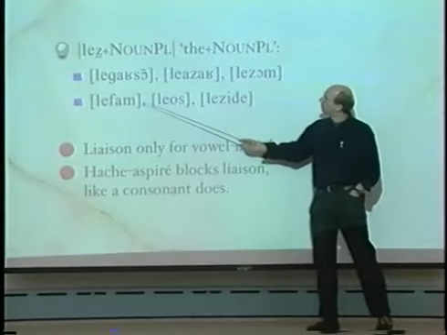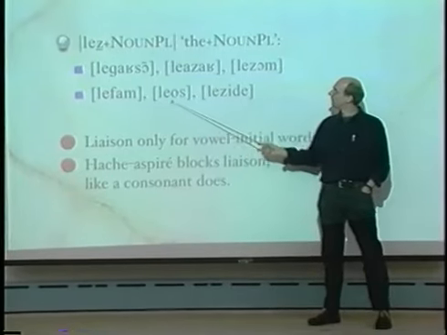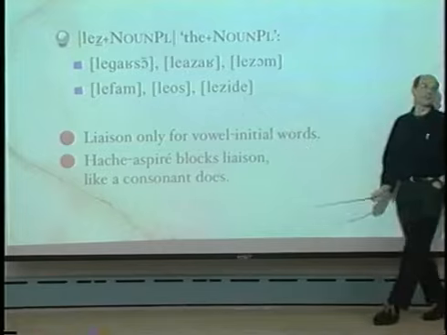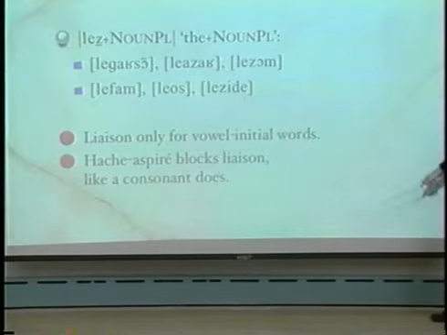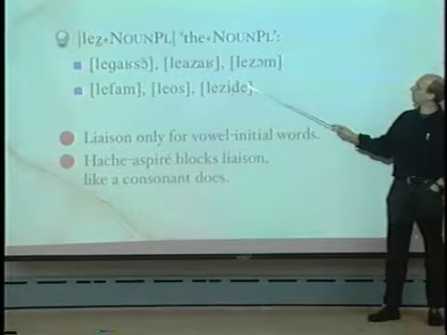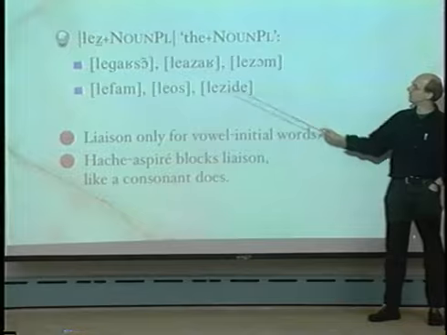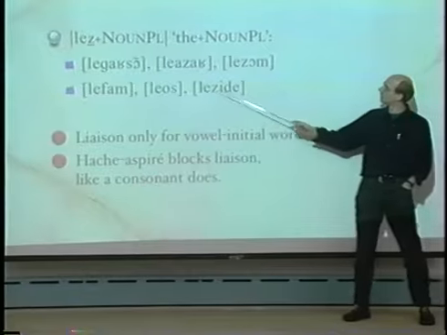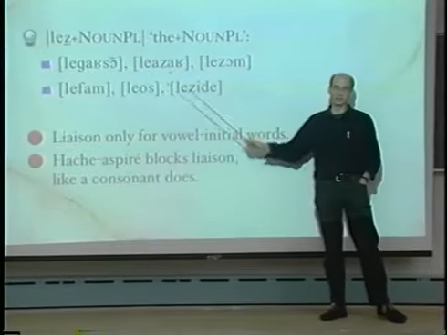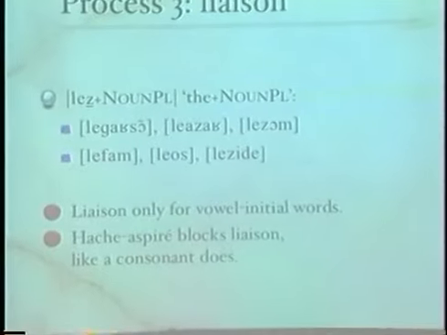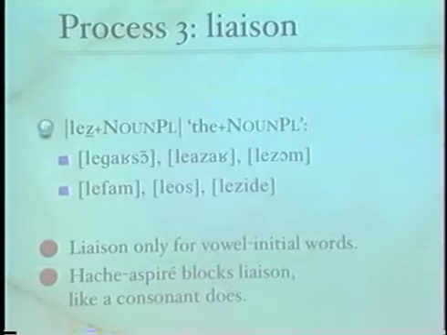Same with the feminine words, les femmes, les hausses, so the rises, and les idées, the ideas. So the liaison, the linking of this consonant, only occurs for vowel initial words. Les hommes, les idées. And aspiré words, again, block liaison. It's like a consonant does. The Z is not pronounced. So this is the third time that aspiré works as if it's a consonant.